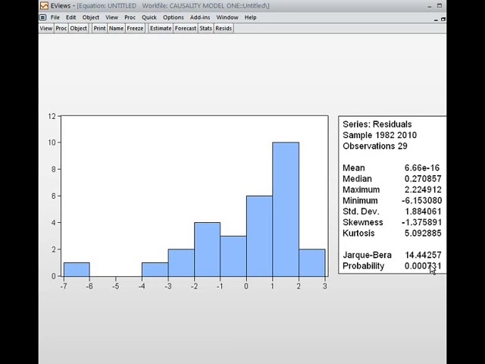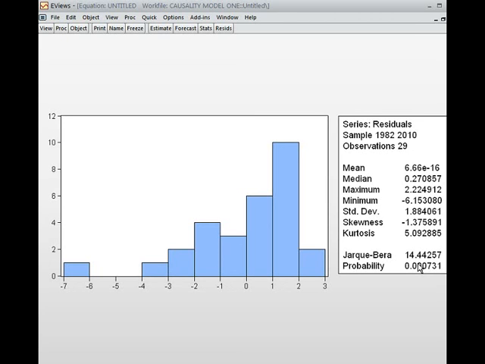And what is the alternative hypothesis? Residuals are not normally distributed. So here we can reject the null hypothesis, meaning that we accept the alternative hypothesis, that the residuals are not normally distributed.